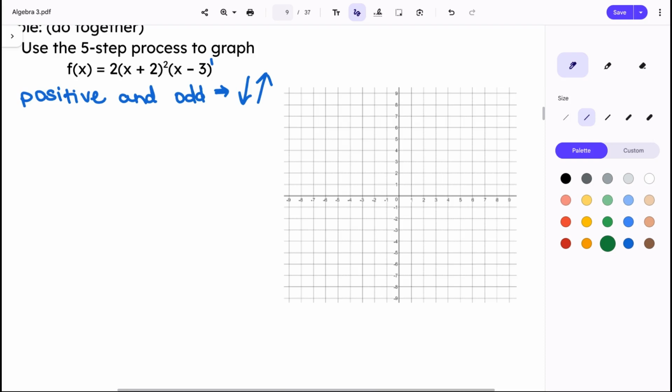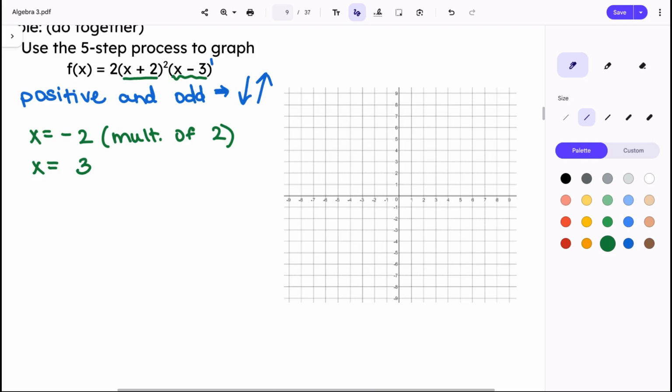So if you set this first quantity equal to 0, what do you get? -2, multiplicity 2. Very good. And the second set? Positive 3 and then multiplicity of 1. Yeah, and most of the time I'm probably not going to write multiplicity of 1.